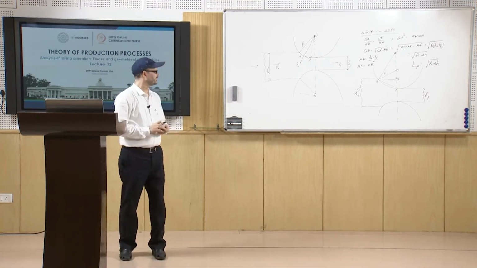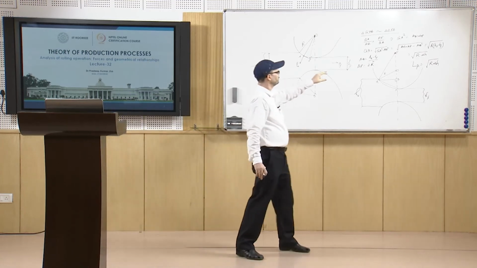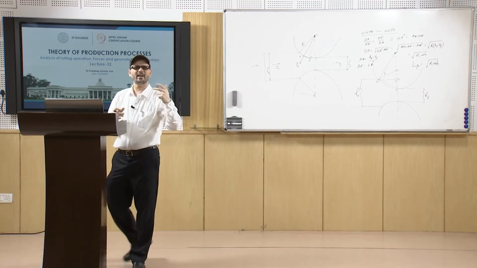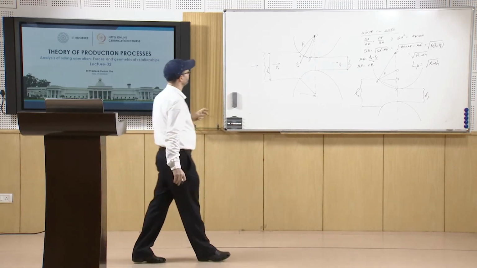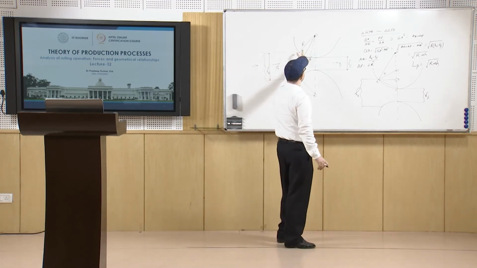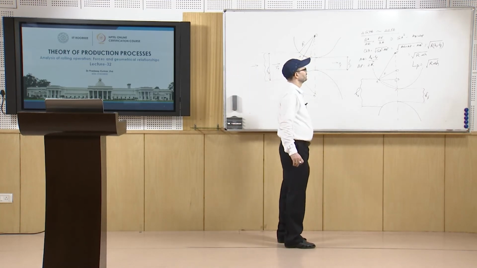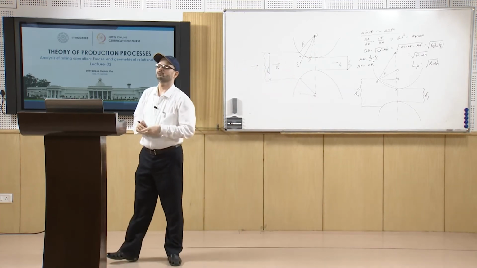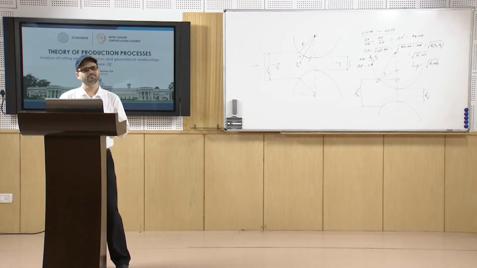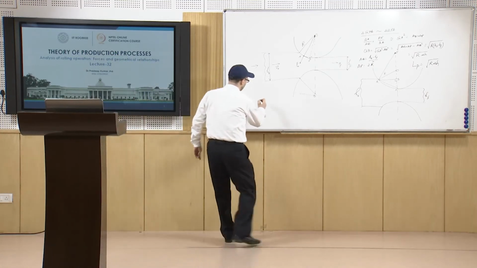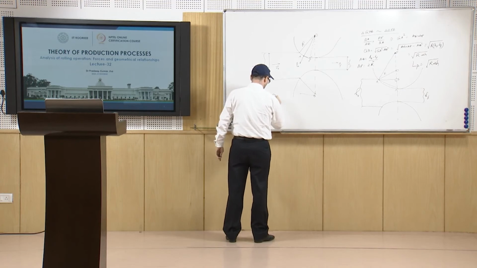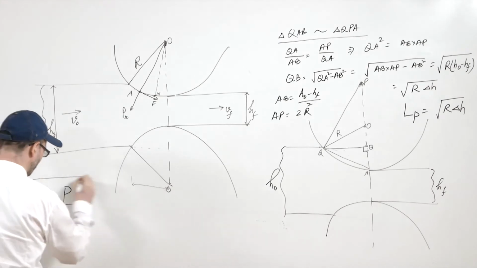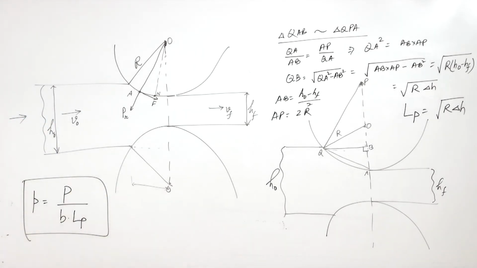We have seen that you can calculate the roll load or specific pressure depending upon the area of contact, which is B times the roll contact length. So, P will be roll load divided by B into LP. This is how you find the roll pressure.